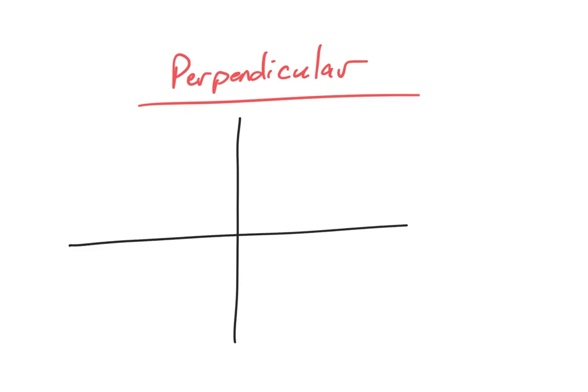Perpendicular. If two lines are perpendicular to one another, if I draw this line on here, how do I know that another line is perpendicular to it? If I were to draw a line like this, would it be perpendicular?